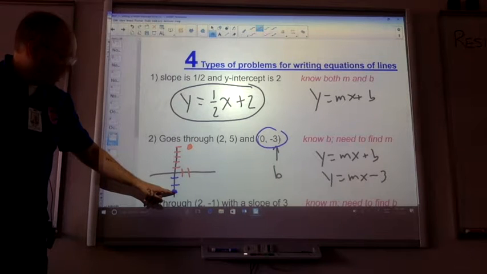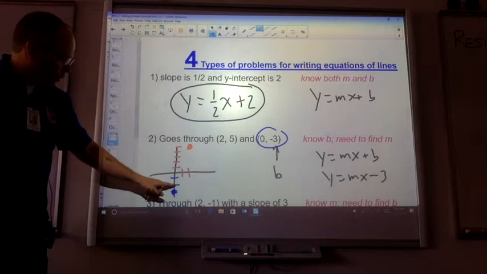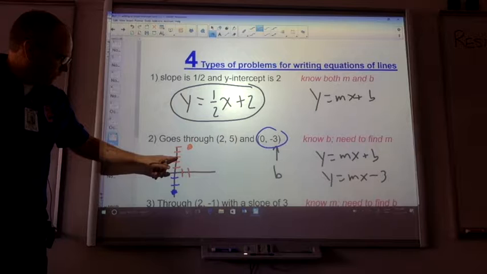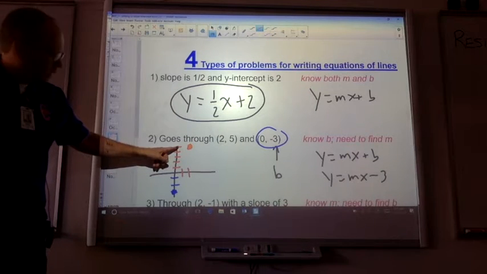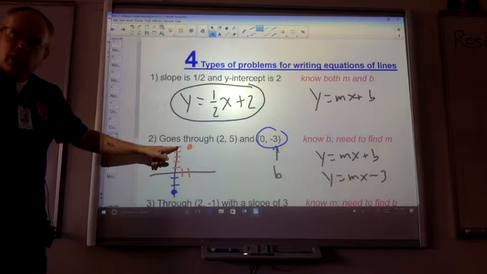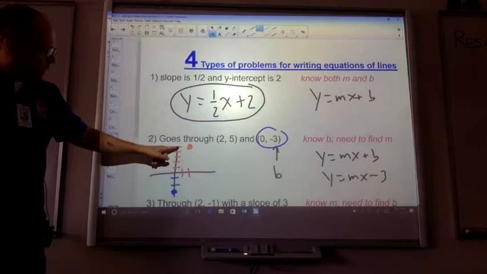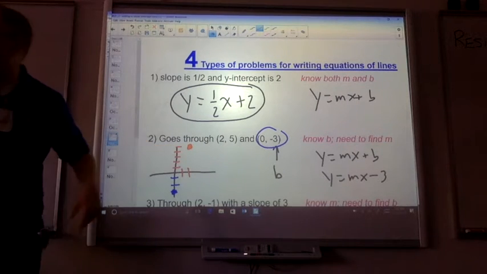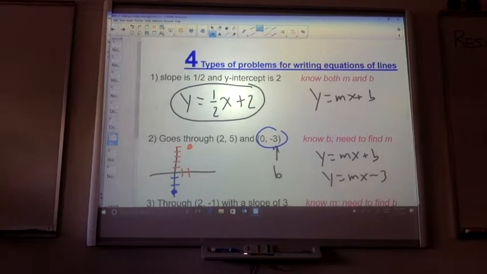Up is positive, right? 1, 2, 3, 4, 5, 6, 7, 8. And then I'm going to go over to the right. Is right positive? Yes. I'm going to go over 2. So 8 over 2. So my slope is 8 over 2. 8 over 2 is the same as what? 4. So y equals 4x minus 3.